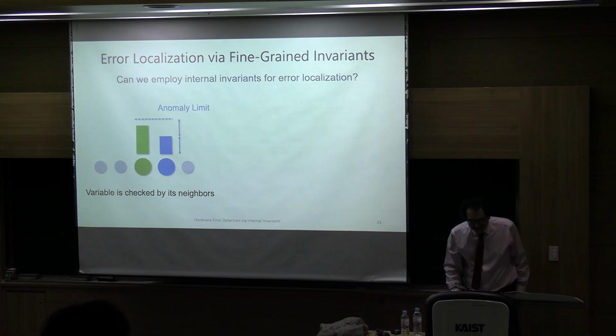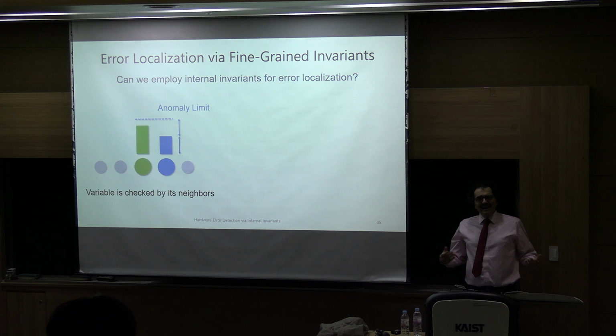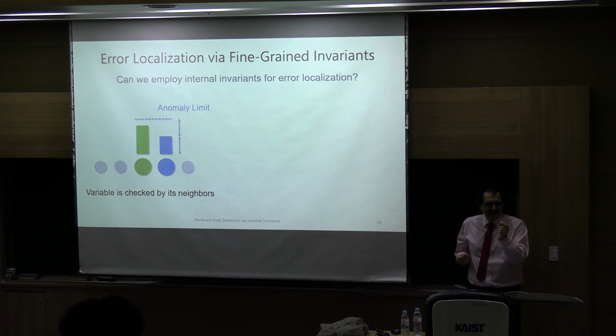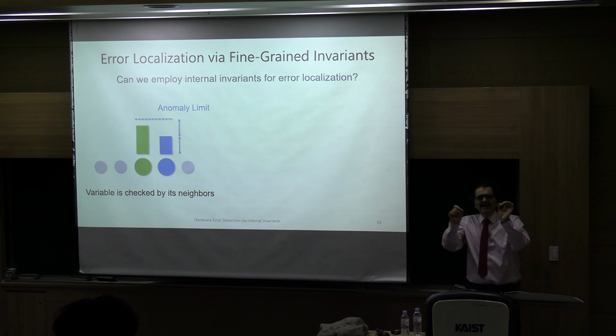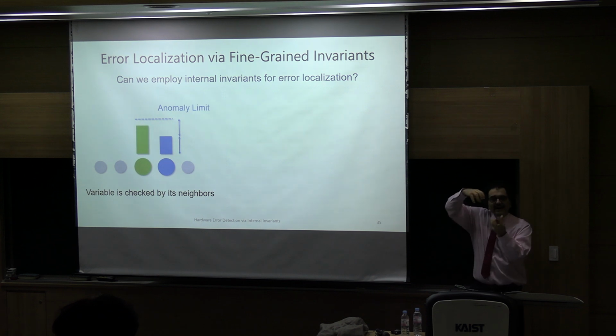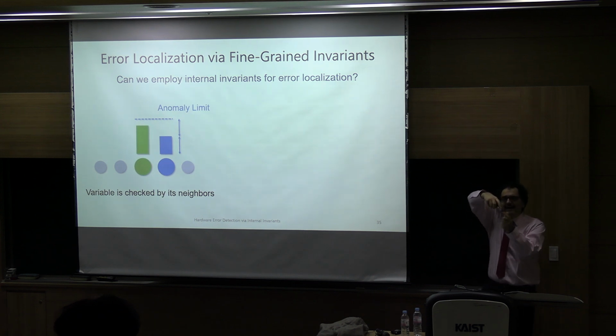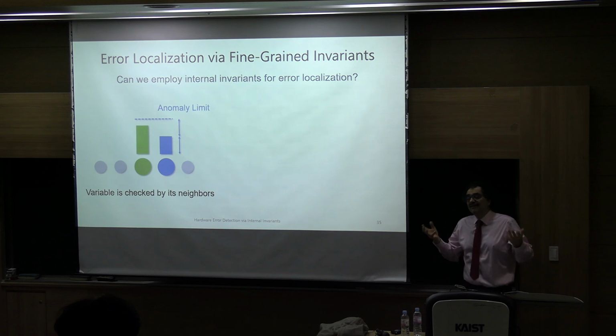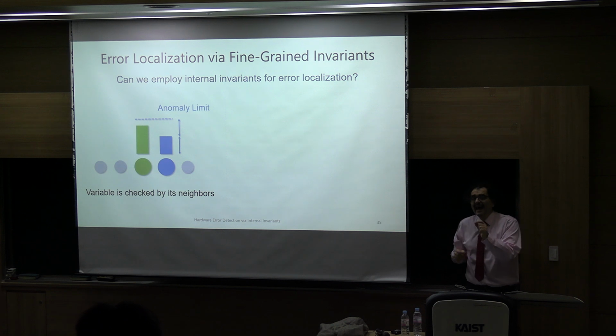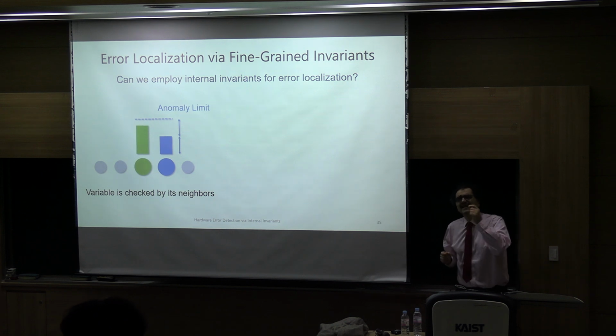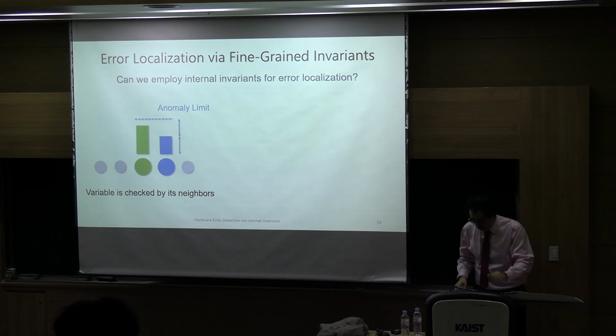The basic idea is, let's put an anomaly limit in a local neighborhood sense. You can have an anomaly detector where in a certain neighborhood you examine 3 or 4 or 5 of those nodes and see if they fit a prescribed invariant that you embedded into the system through training.